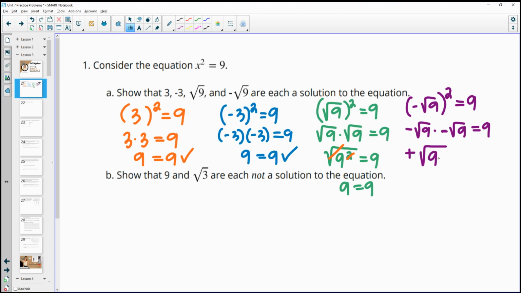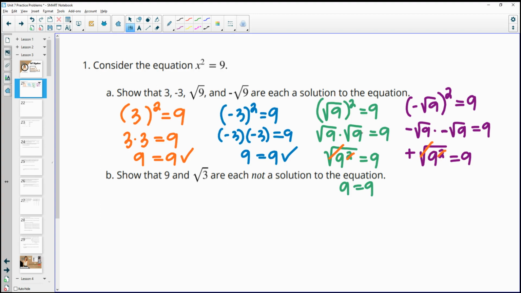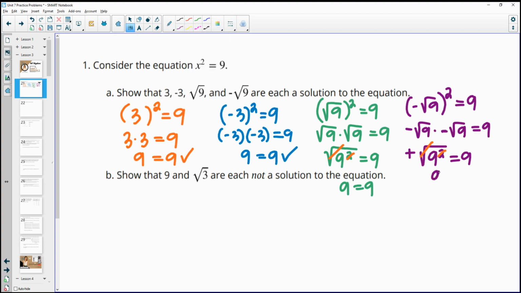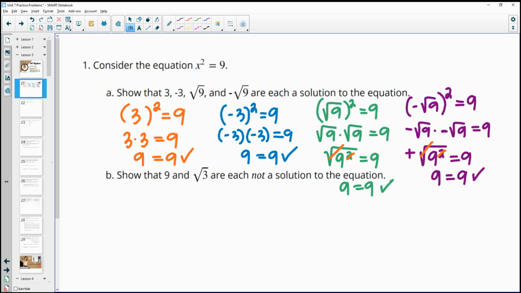And then we have square root of 9 squared, because we're doing 9 times 9 with that square root. And then we know that a square root and a squared are inverses of each other. So again, those will cancel. And we end up with 9 equals 9. And that shows that that one is a solution as well.